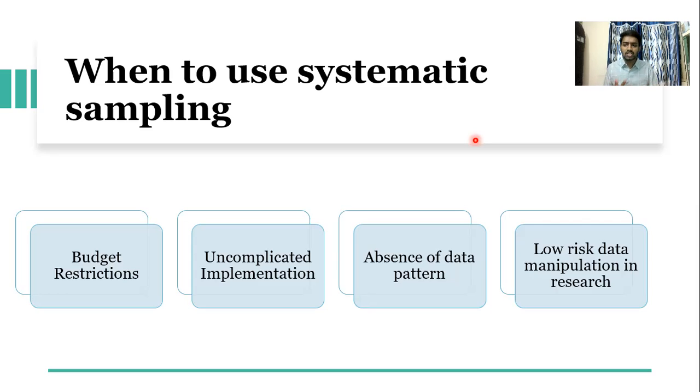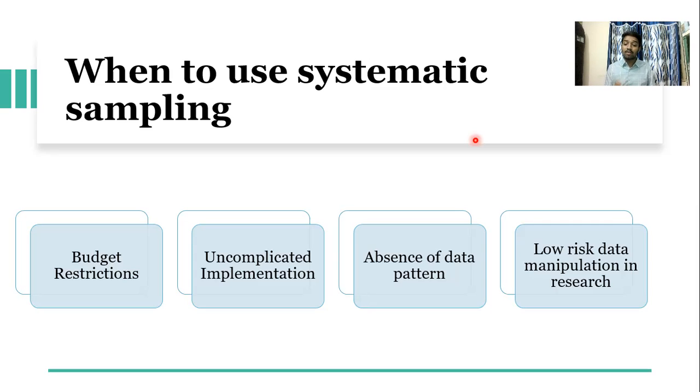Sometimes you come up with mixed responses. In a situation with so much confusion, systematic sampling can't help. Even if you apply it, you are not going to get an accurate or expected result from your research paper. At that time, systematic sampling is a waste of time and money.